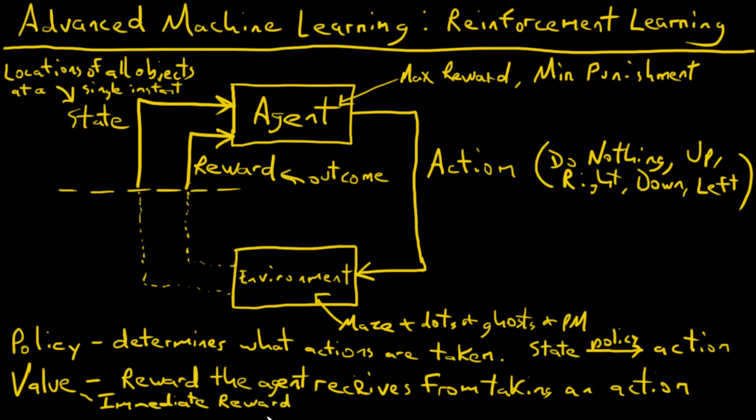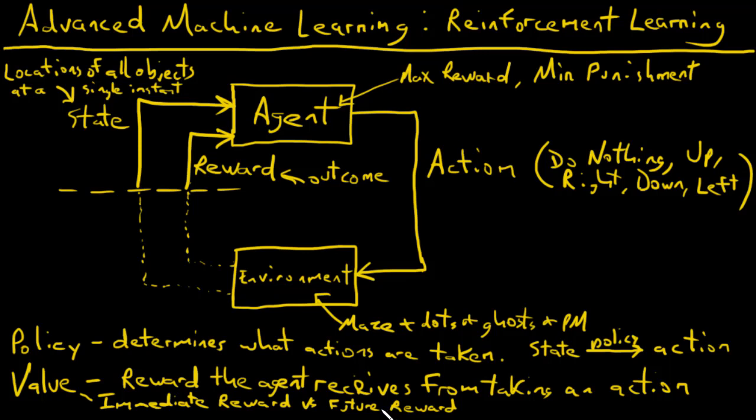Whatever action you take, it will immediately gain a reward, versus future rewards. Okay? So I don't want to eat the dot that is immediately to my left if there's a ghost right behind it. It'll kill me right after I eat the dot. So what you want is to have some balance between the immediate, absolutely guaranteed reward versus a potential future reward.